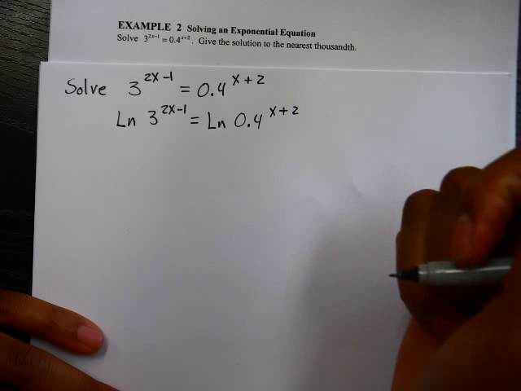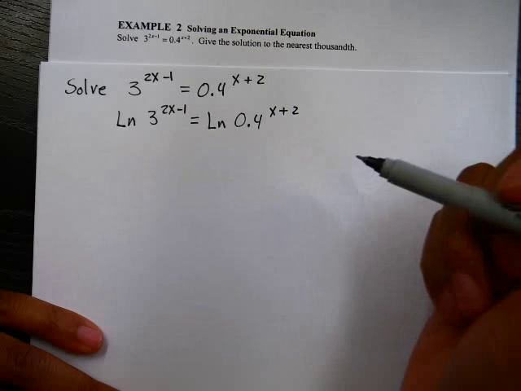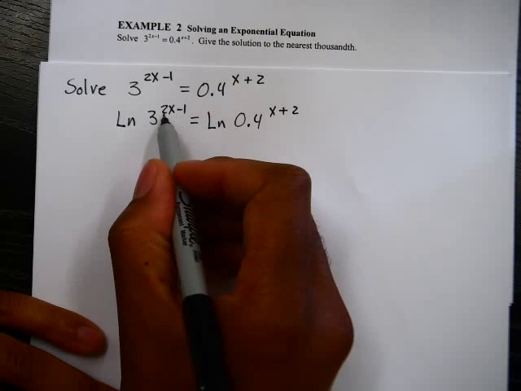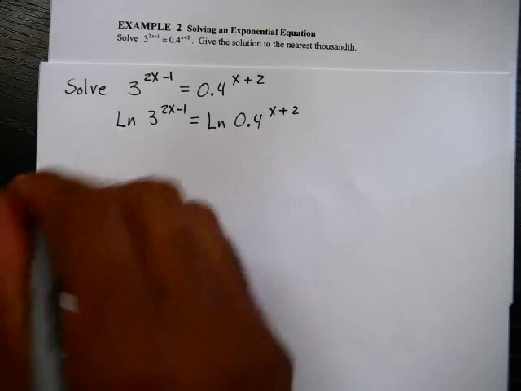By taking the natural log of both sides, which is a logarithm, I can apply the power property of logarithms, meaning I can pull that exponent 2x minus 1 and the exponent x plus 2 to the front of that logarithm.